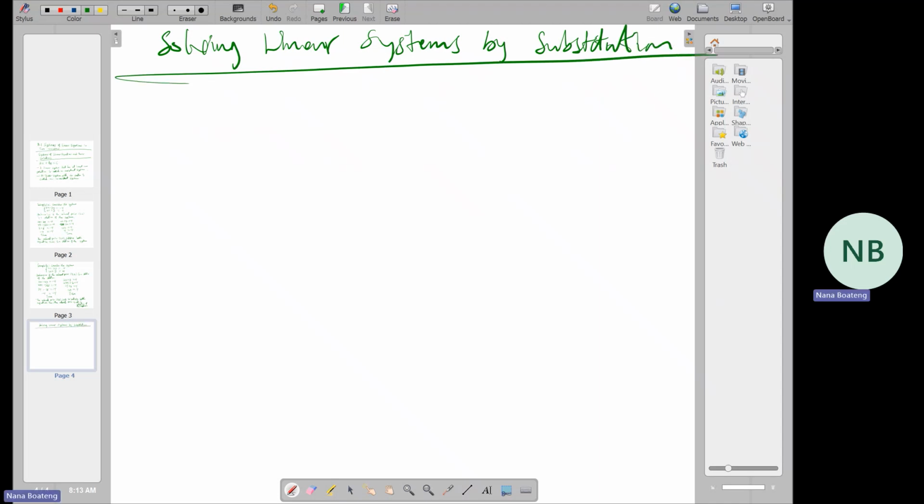We're going to use an example to explain how to solve a linear system by substitution. So example 2, it says solve by the substitution method.